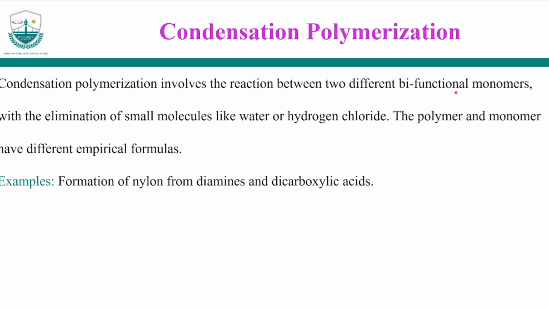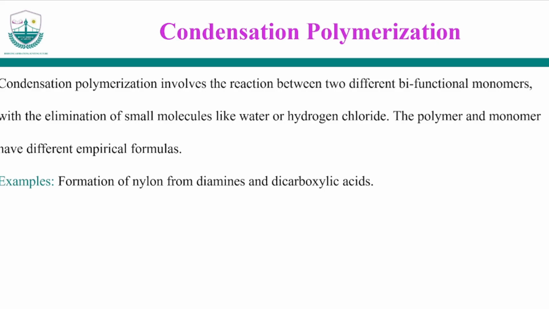Bifunctional monomers. So the meaning of this is that the monomers have two functional groups. A functional group is a group of atoms that define the characteristics of the molecule that has them.